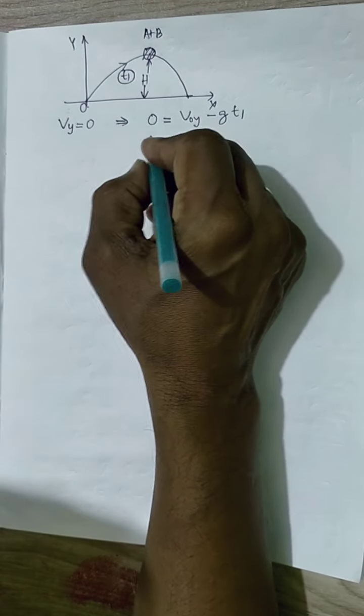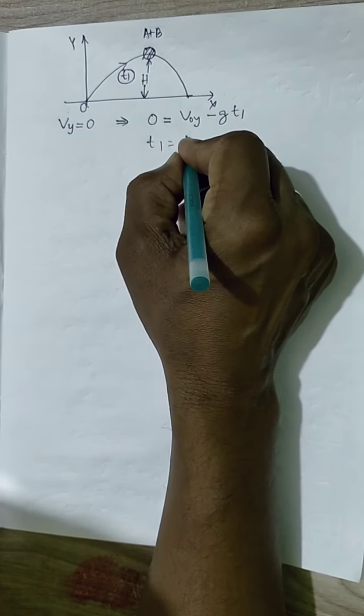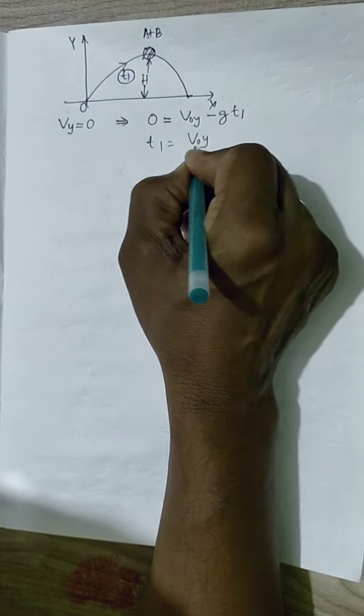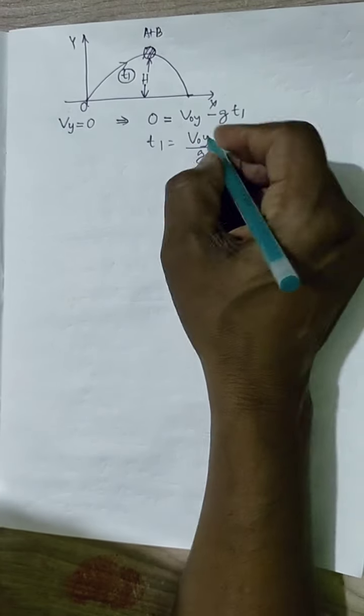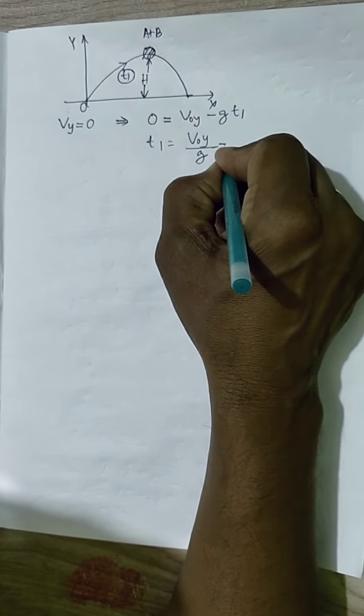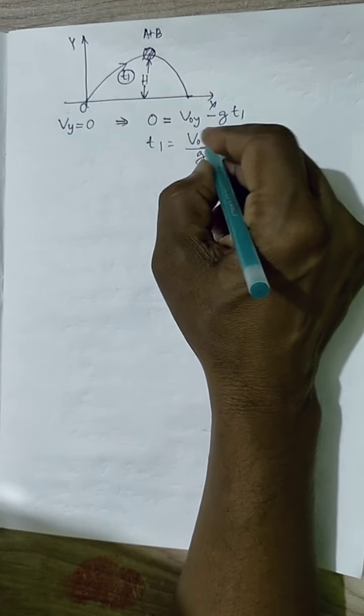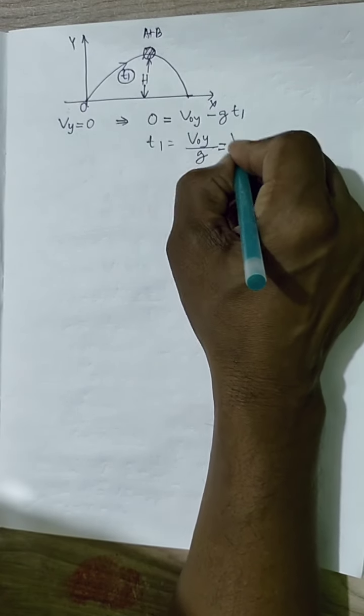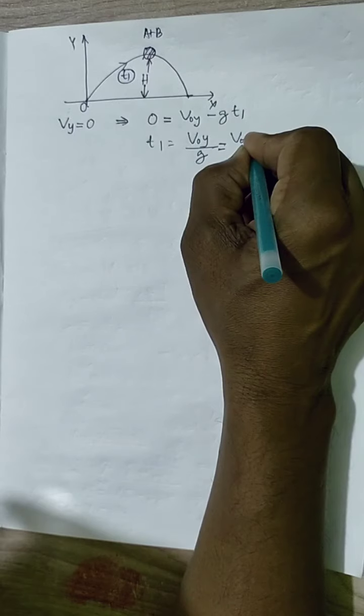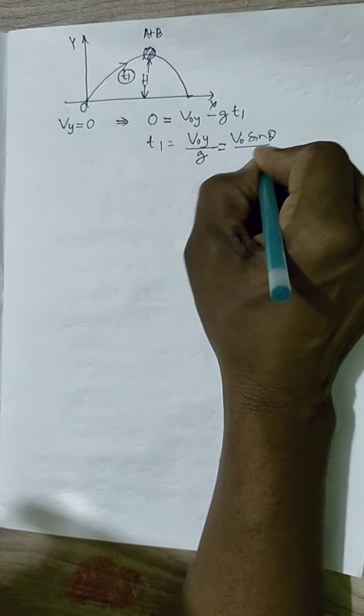Then t1 is v0y by g. v0y is the y component, or vertical component, of the initial velocity, that's v0 sin theta by g.